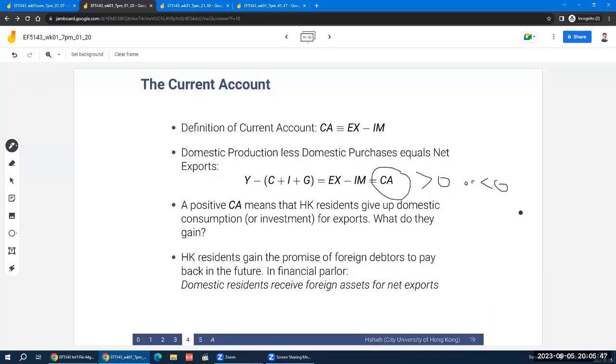Okay, so let me say that again. From this equation, just think about real goods and services for now. We're not thinking about financial stuff. Just think about commodity flows, goods and services. I buy cars, I buy oranges, I buy coffee beans, and so on. If my total purchasing power, after subtracting my personal consumption, my investments, and any government benefits I get, leaves residual consumption power, it has to go somewhere.